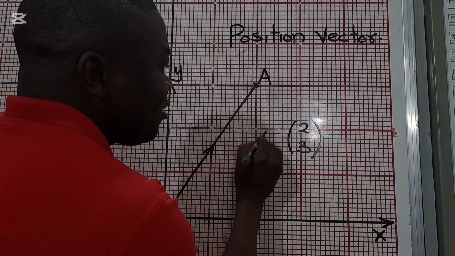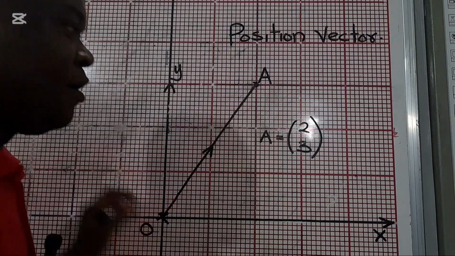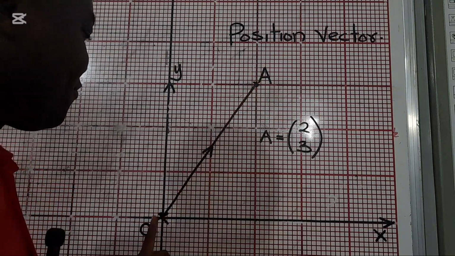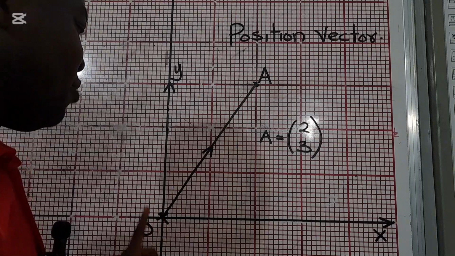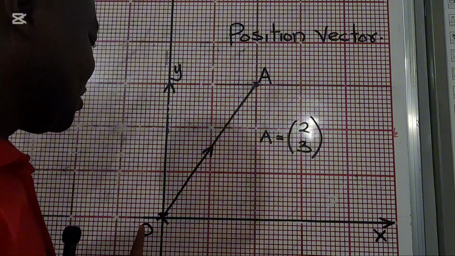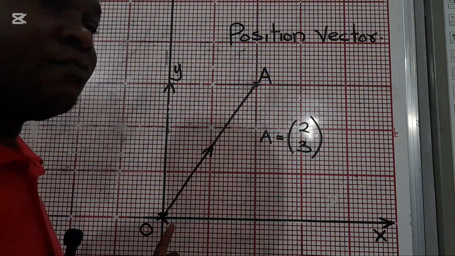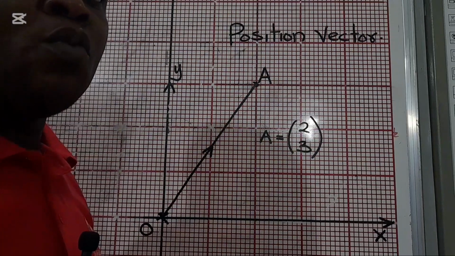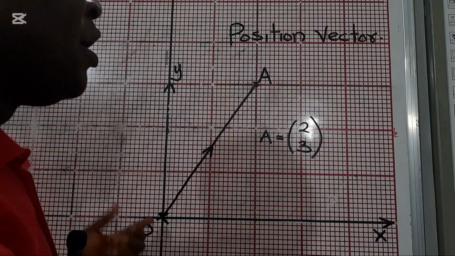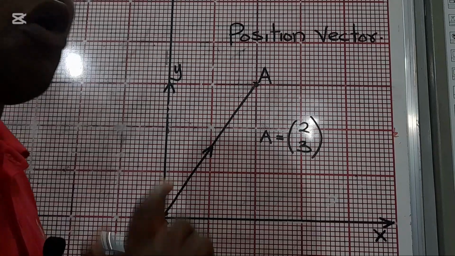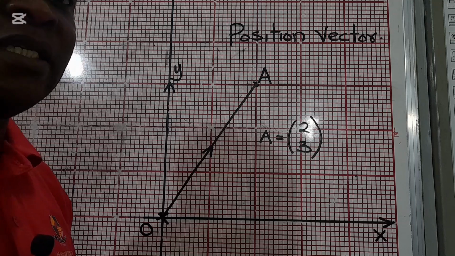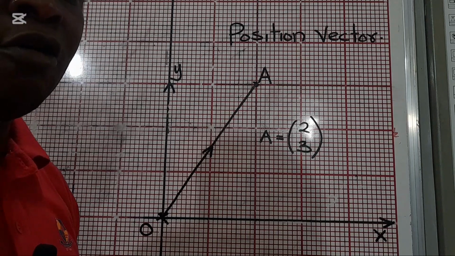Position vector, like I said, is locating a vector from a reference, and the reference in this example is O. That is about position vector. When we go to the next stage, we will look at the significance of this position vector. All these we're building up knowledge for the main deal, which is vector geometry.